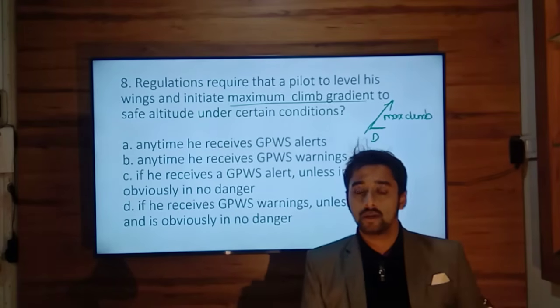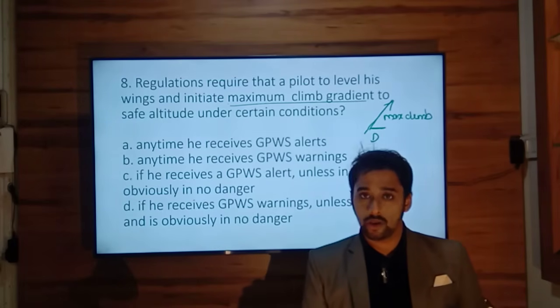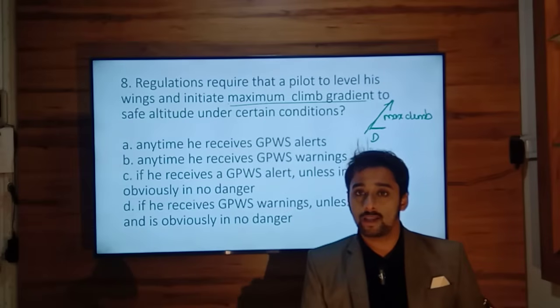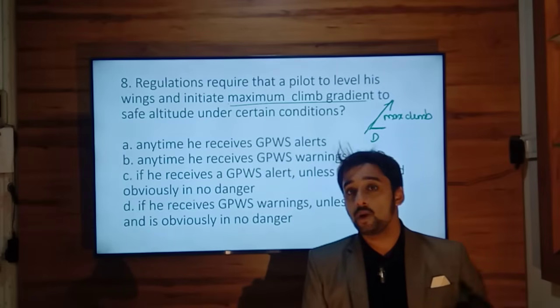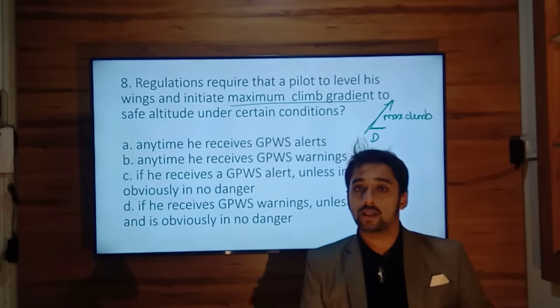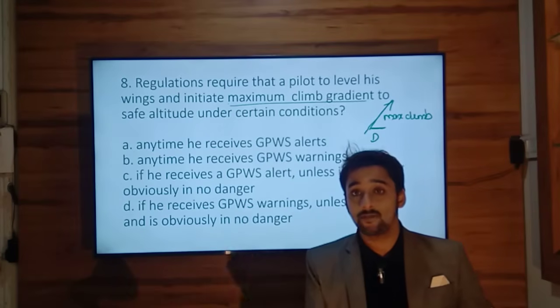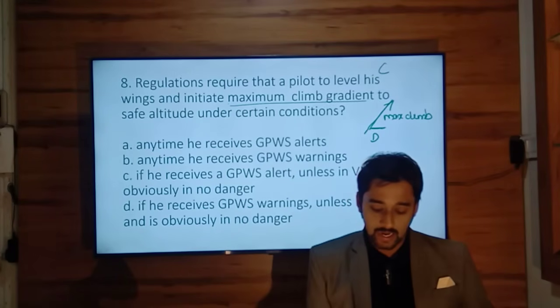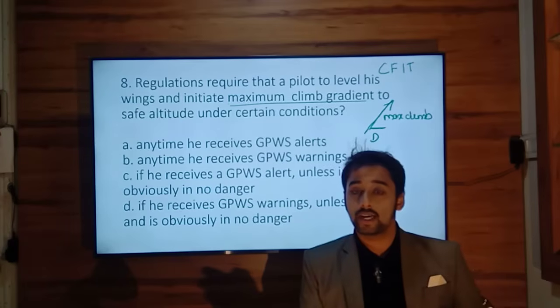This system is designed to prevent mishaps or accidents between your aircraft and the terrain below you, or any obstacle in front of you or below your aircraft. Basically, we call this accident CFIT, controlled flight into terrain.